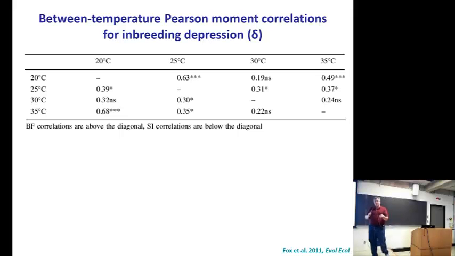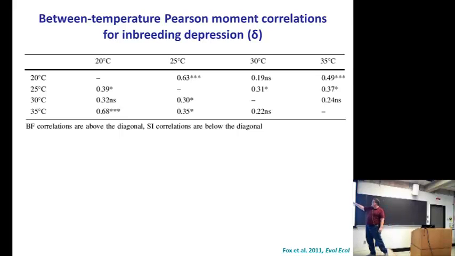We can calculate an estimate of inbreeding depression for each block. What I didn't say is that in many of those experiments, they're split family experiments where siblings are raised in all temperatures. So we can look at whether sibs raised in one environment exhibit the same amount of inbreeding depression as those same family members would in another environment, and so on.